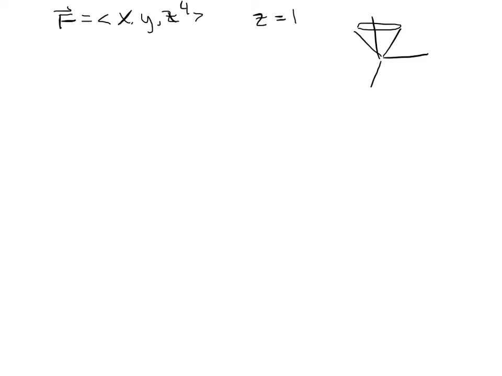So for this one, I want to use the normal vector. Now, if you remember what that picture looked like, the normal vector of this surface, z equals 1, because the shape is pointing inward, is pointed down. So that normal vector we could write as 0 in the x, 0 in the y, and negative 1 in the z.